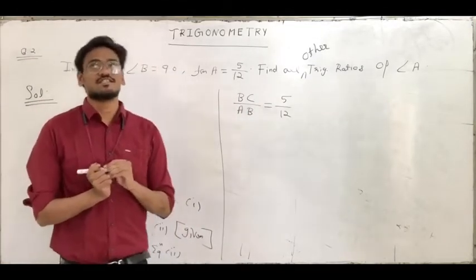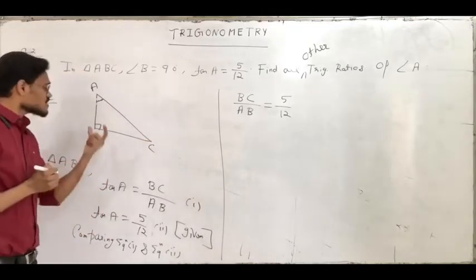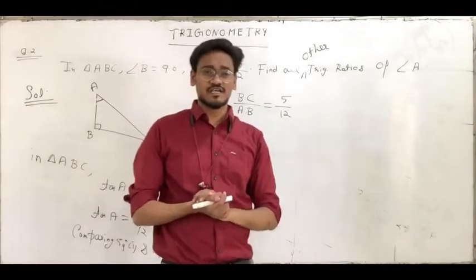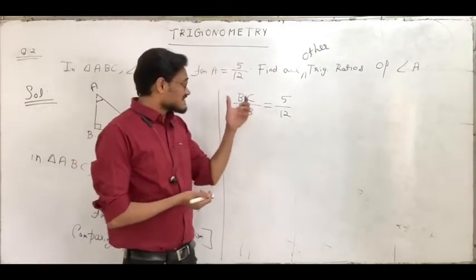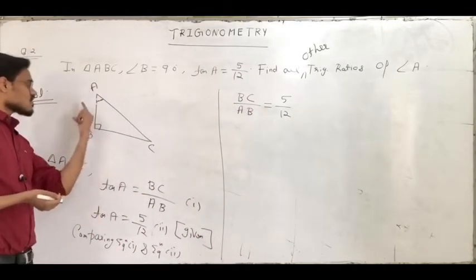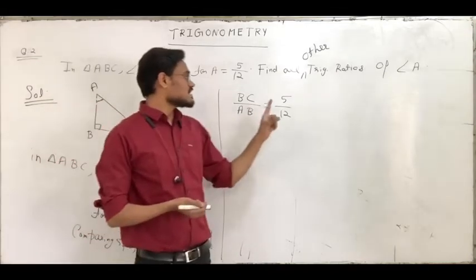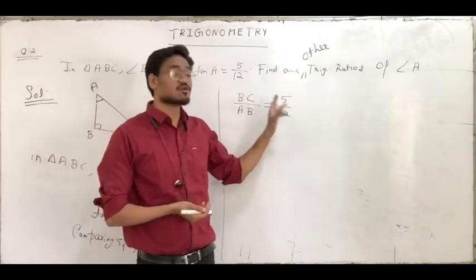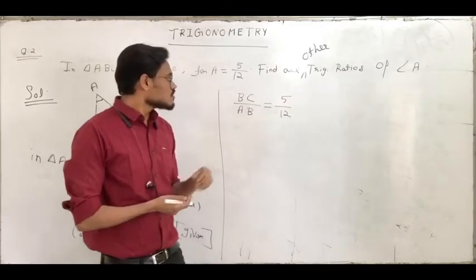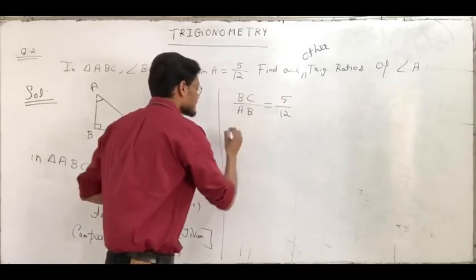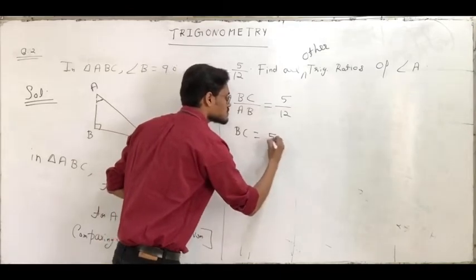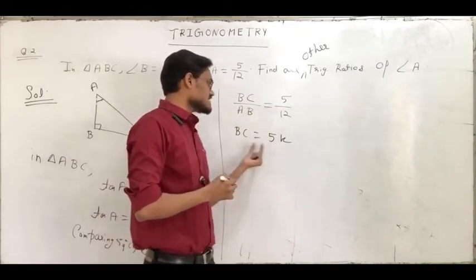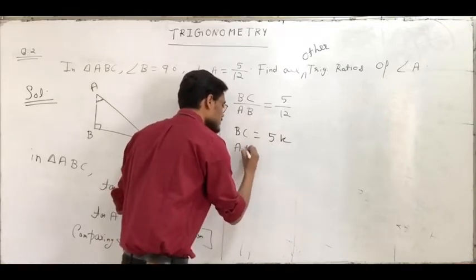Now students, see carefully. The ratio of length BC and AB is 5 by 12. It means the lengths of BC and AB are going to be constant multiples of 5 and 12 respectively. Because they are in direct ratio, it's better to assume BC as 5K and AB as 12K.